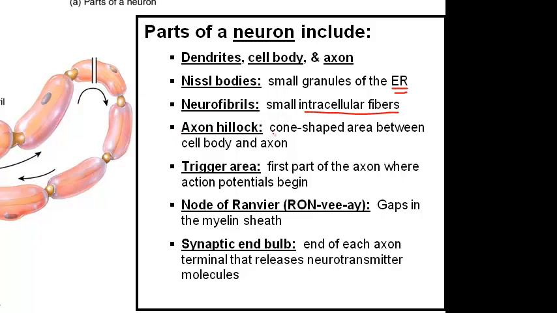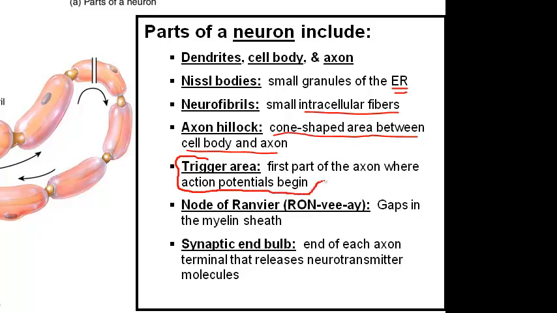The axon hillock is a cone-shaped area between the cell body and axon. This is basically where the axon is going to start to come out of the cell body. And on part of that axon hillock is what's called the trigger area.